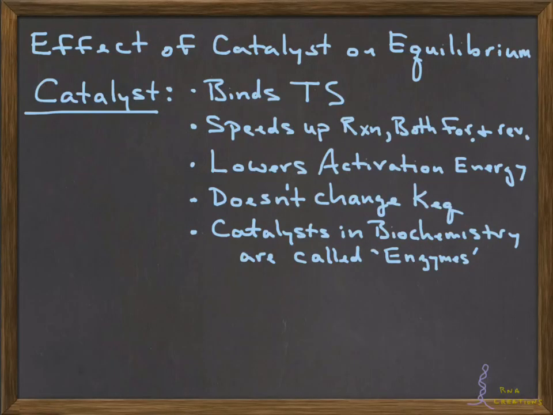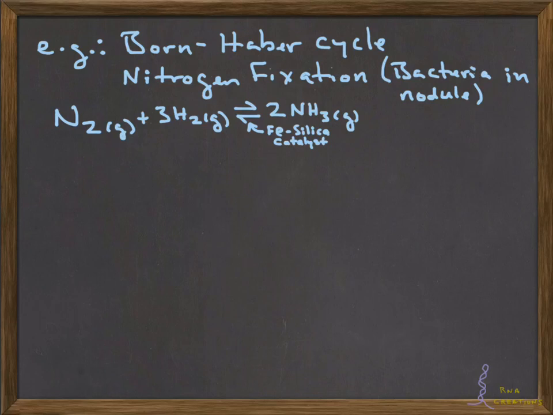So I'd like to talk about an important specific example of catalysis, and on this slide we refer to the Haber-Bosch process. This is an important reaction that takes nitrogen gas, as it's found in the atmosphere, very abundant, about 80% of the air is made of nitrogen, and it reacts with 3 equivalents of hydrogen to make 2 equivalents of ammonia.